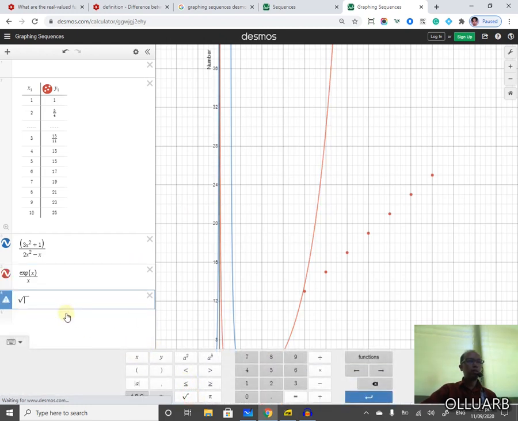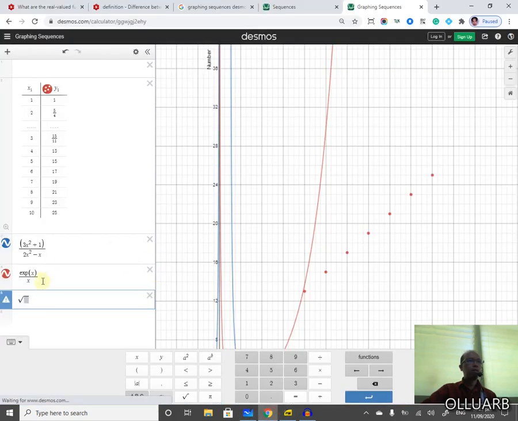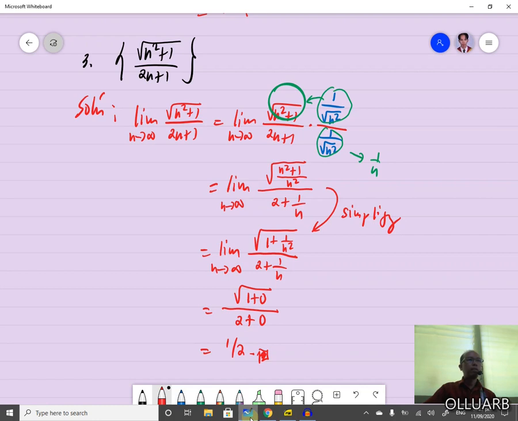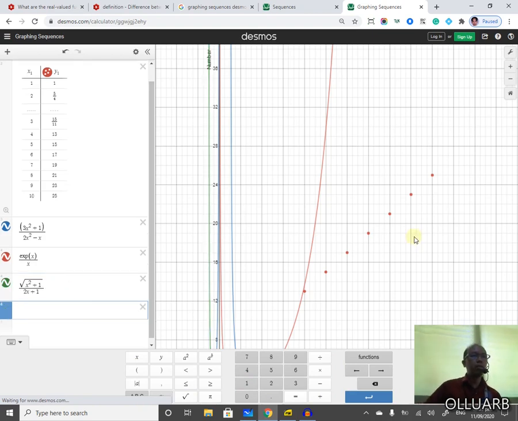The square root of x squared plus 1 divided by 2x plus 1, and the graph is the green one.